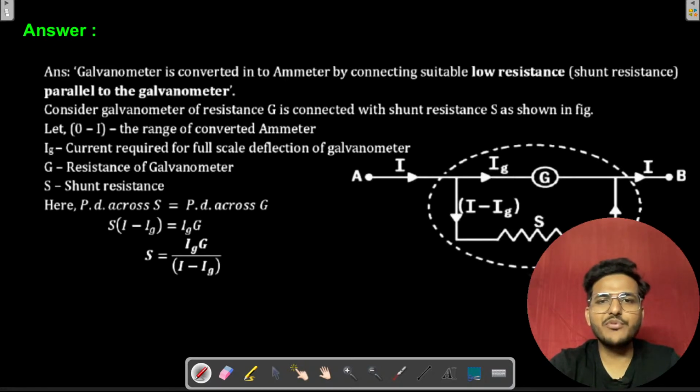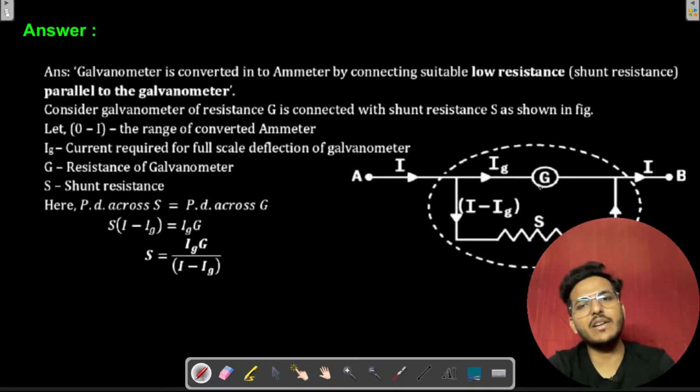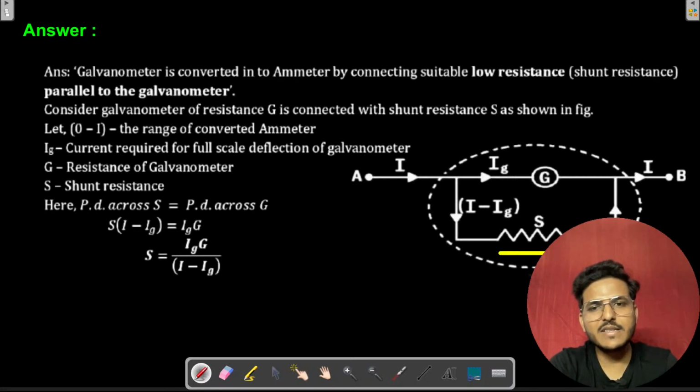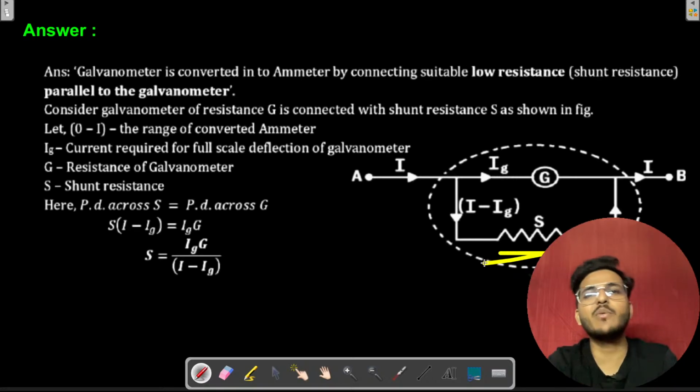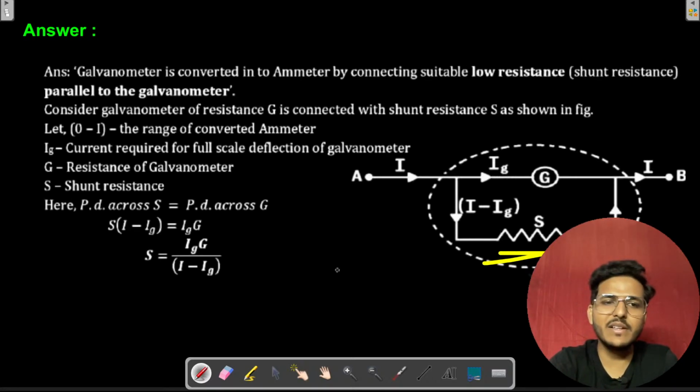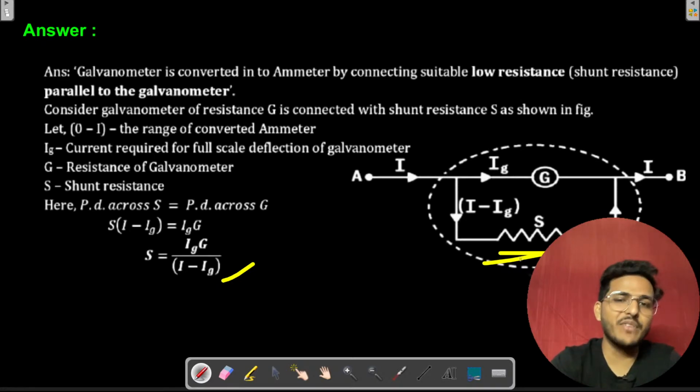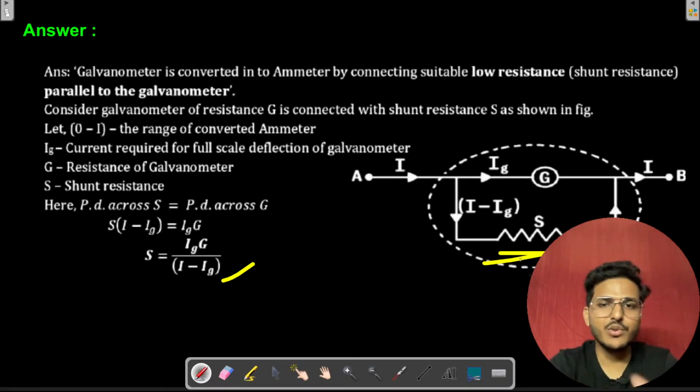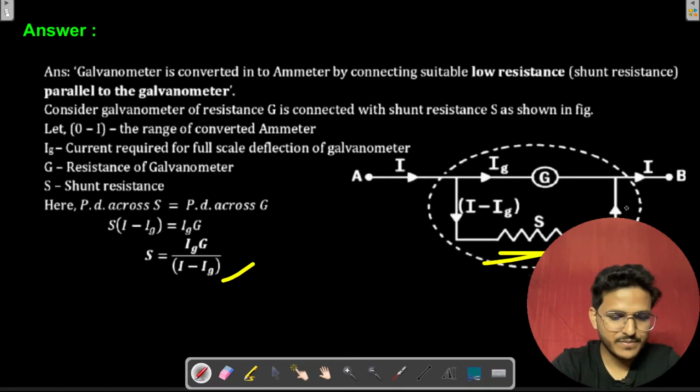If you want to convert a galvanometer into an ammeter, then you use a low resistance shunt in parallel with the galvanometer, having the resistance Ig upon I minus Ig, with the minimum value so that most current moves through this shunt.